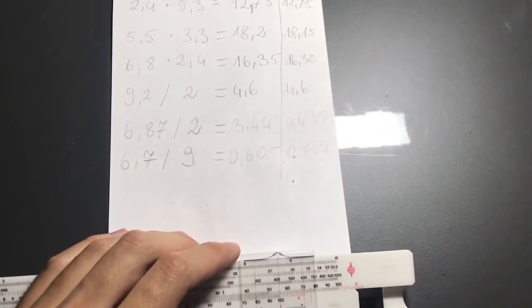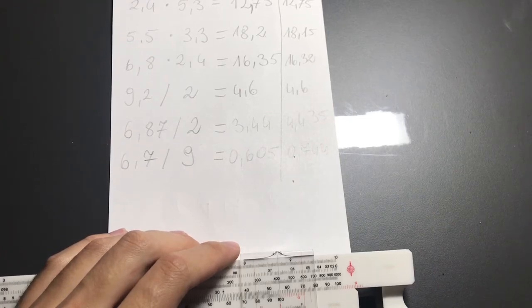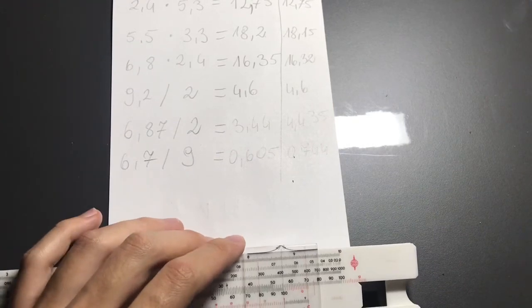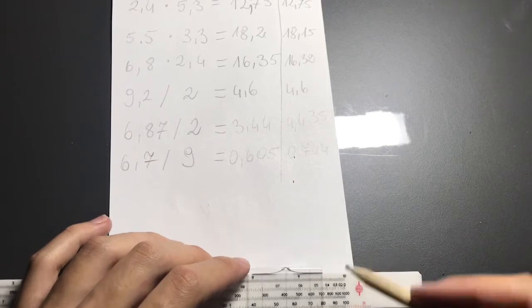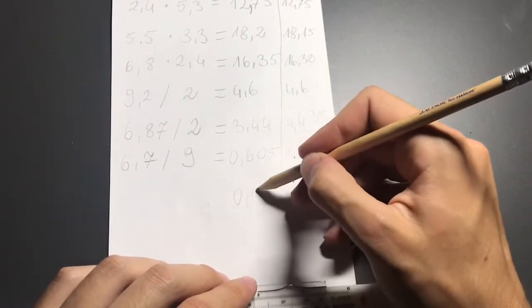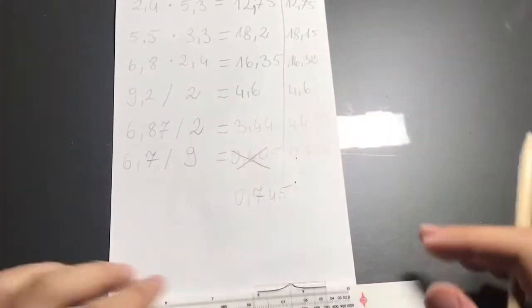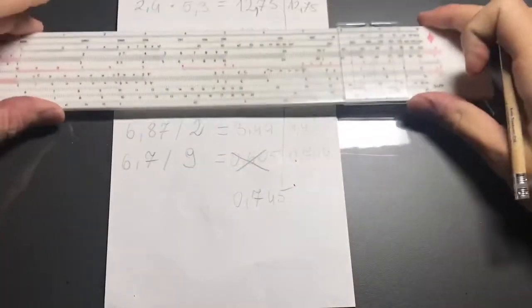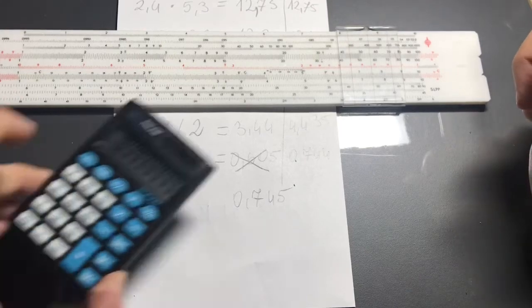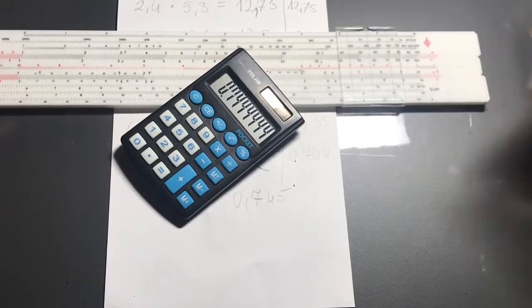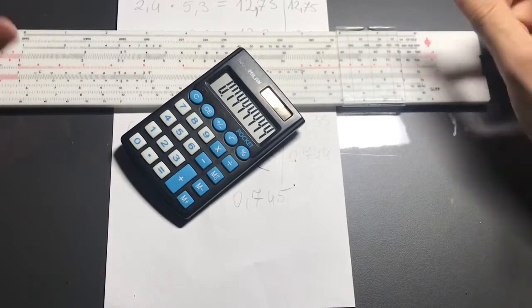And right now we read 7.1, 7.2, 7.45, I would tell. So 0.745. So yeah, that's how a slide rule is compared with a calculator in the 21st century.